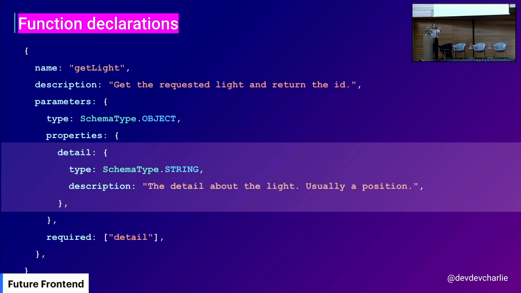I have 2 lights under my TV, one on the right, one on the left. I want to be able to talk to the model and say turn the right light on or turn the left light on, and then it will figure out which light to turn on because I named these lights right light and left light. That's why I usually said a position. If you were trying to trigger lights in different rooms, you could do the same, like turn on the light in the living room, and it will figure it out.